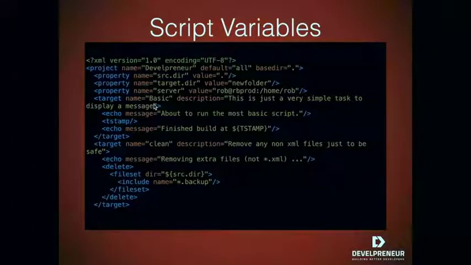For example, here I've got a whole lot of different XML files, Ant files that I'm working with. Instead of reproducing the source dir, target dir, and server properties all over the place, I could extract those values out to one little property file, import that for each of them, and then I've got my variables off and running. And it'll allow you to mix them as well. So I could have script-level properties and variables.